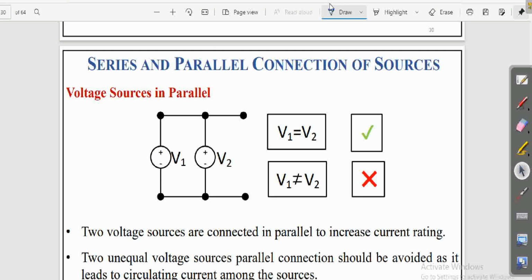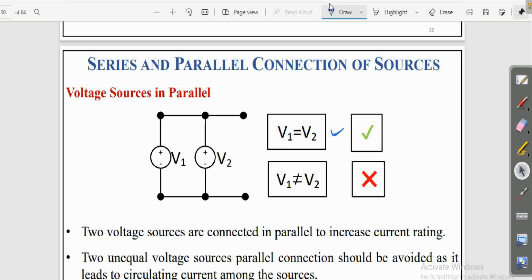This connection is possible only if V1 is equal to V2, then it is said to be correct. If V1 is not equal to V2, what happens? It leads to circulating current among the sources. So we should always consider that the voltage values in parallel should be equal.